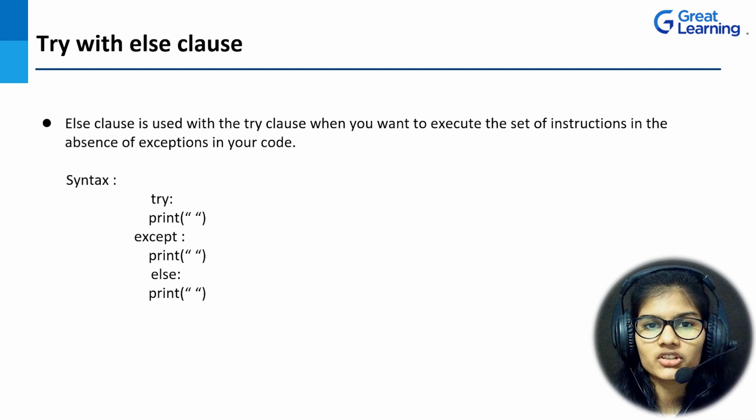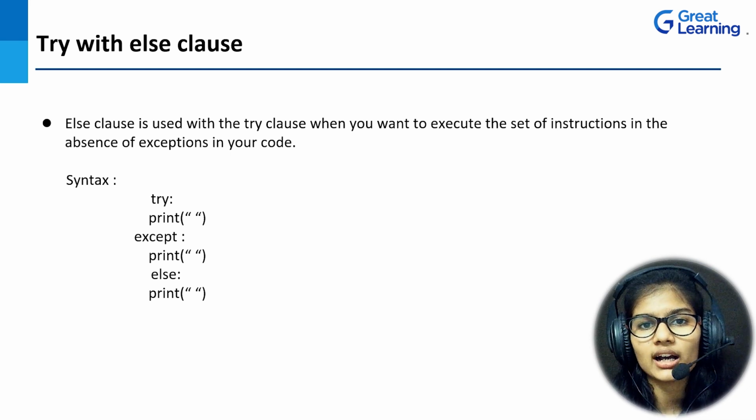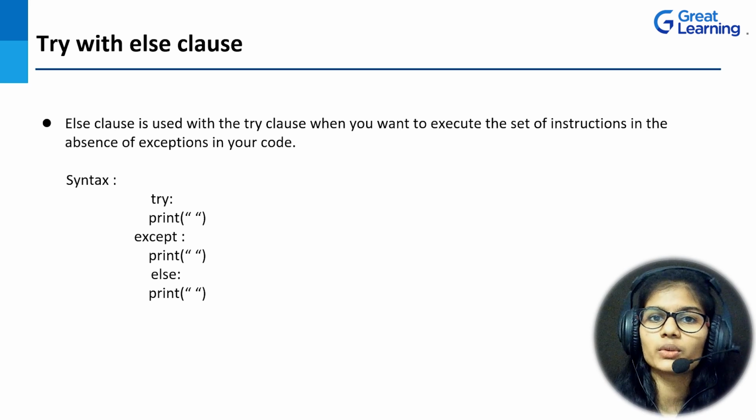There is no restriction that you can only use a print statement or only some logical things; you can write anything in that case. Hope I am very clear on the use of try with the else clause, how you can use it and in which cases it is used.